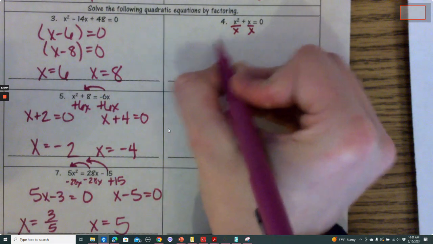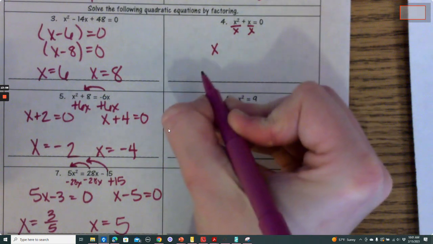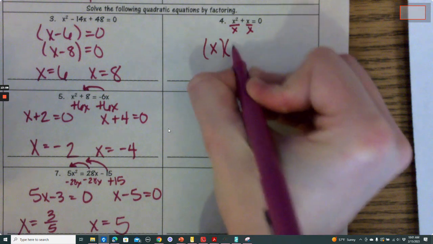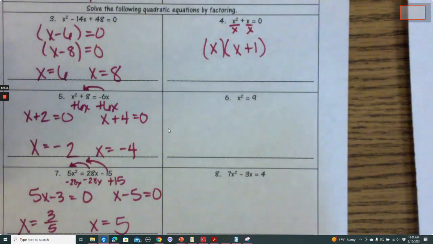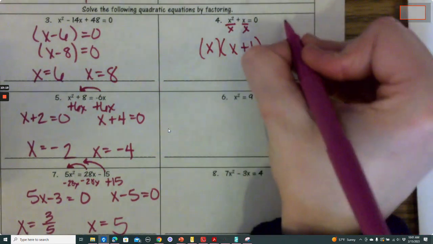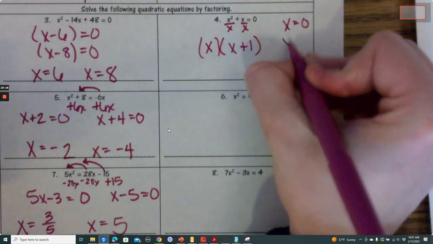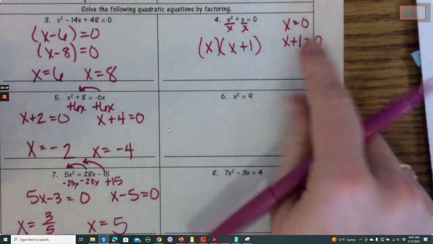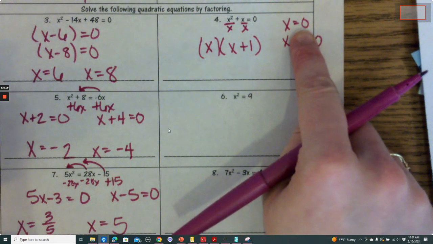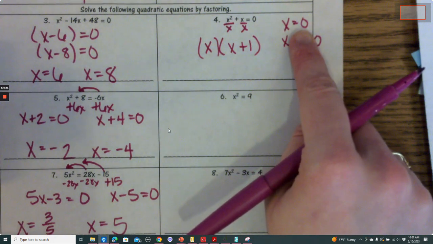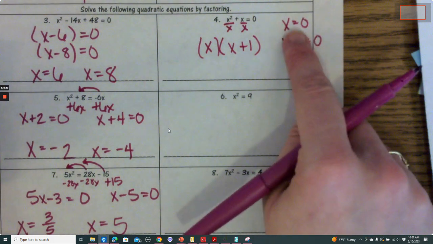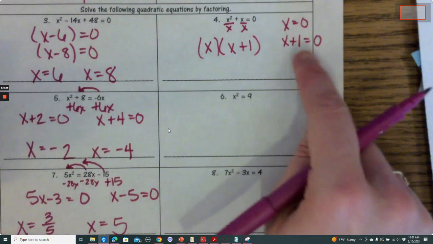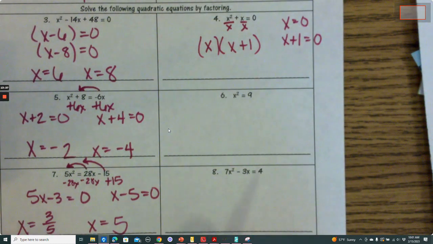So my factors here are going to be x and then x plus 1. Those are my two factors. So I would set x equal to 0 and x plus 1 equal to 0. Guess what one of your solutions is going to be? If you have a factor that's x, one of your solutions is just x equals 0. So all you have to do is solve that one.